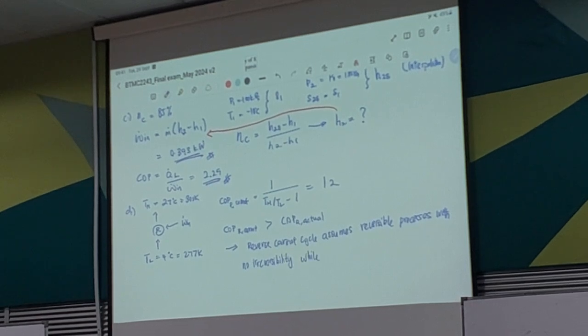While the actual cycle is subjected to various irreversibilities such as friction and losses.